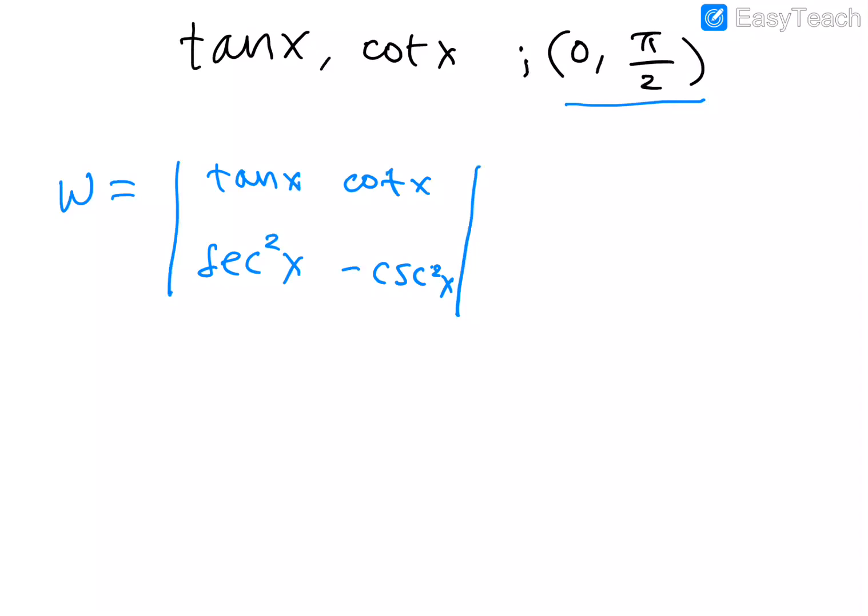And how do you solve this? Well, we could look at a basic general way to solve it. If we have a, b, c, d, that's going to equal a times d minus b times c. So basically you'll be multiplying secant squared x and cotangent x.